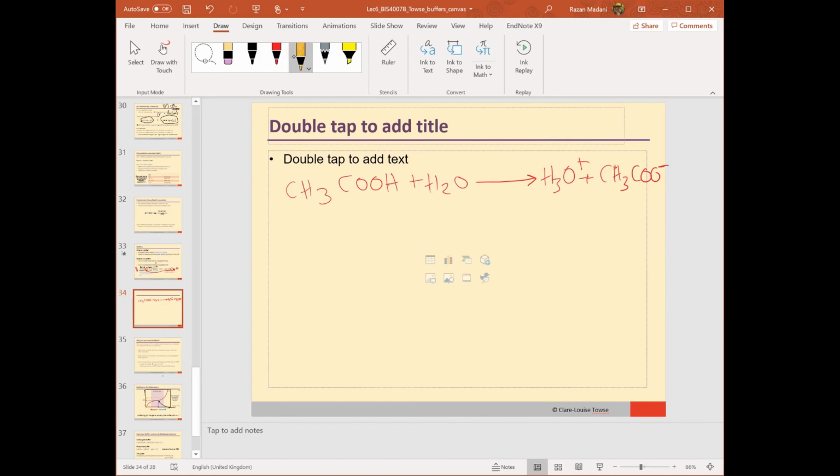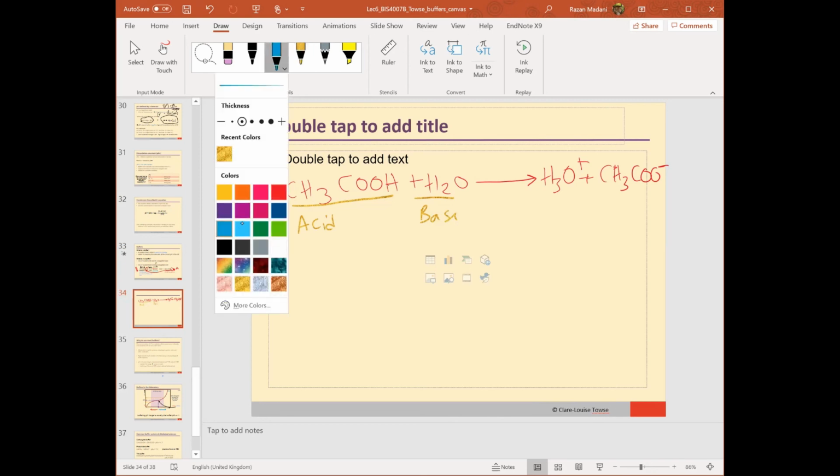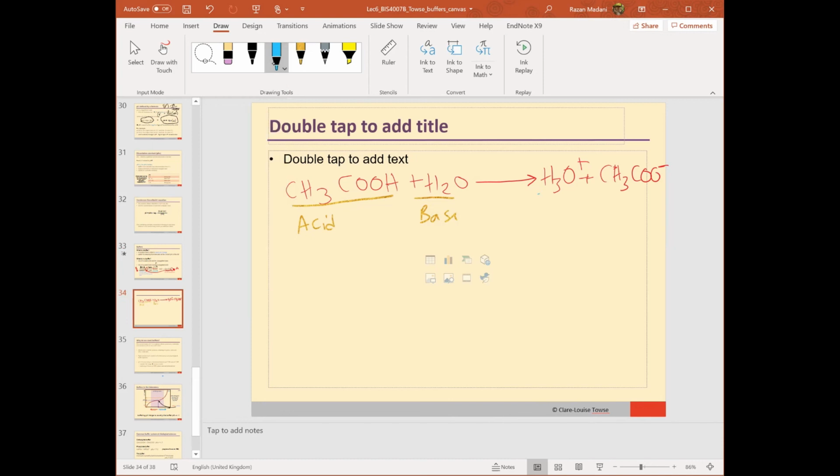This way we said this is losing, so it's donating, so it is an acid. This one we said is a base. Now we want to reverse it, so we are reversing the roles. We're going from here to there. I'm going to write it here, but from the other side, so we pretend those are our originals.